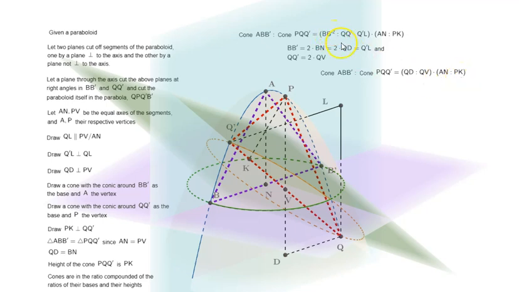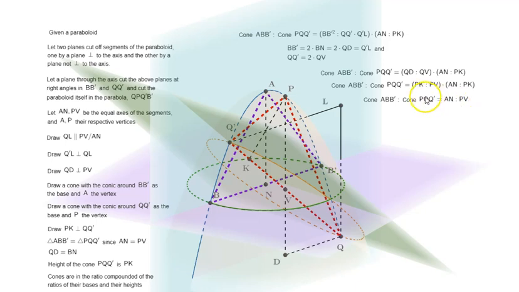So BB prime square is to QQ prime times Q prime L is equal to QD is to QV. Now, again, cone ABB prime is to cone PQQ prime is equal to PK is to PV times AN is to PK. Because these ratios are equal, remember, the ratios are equal. Doesn't mean QD equal to PK, but the ratios are equal. So cone ABB prime is to cone PQQ prime is equal to AN is to PV.